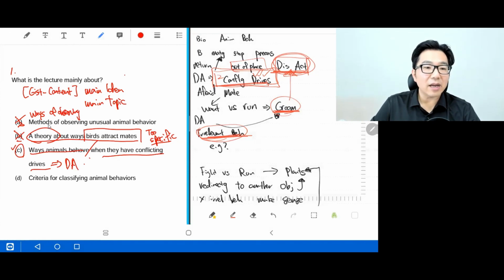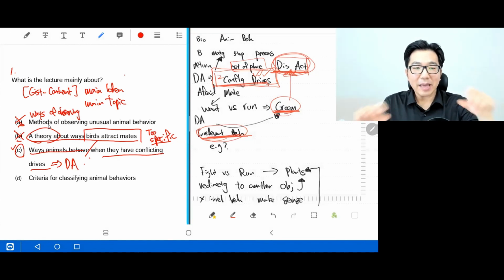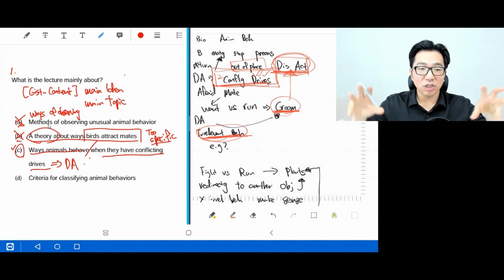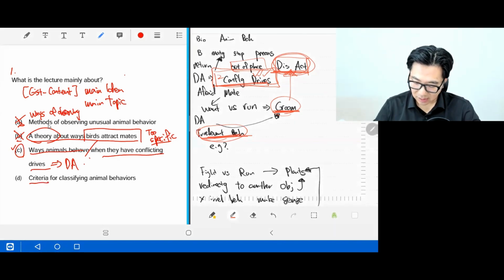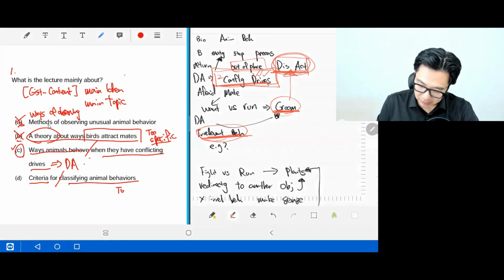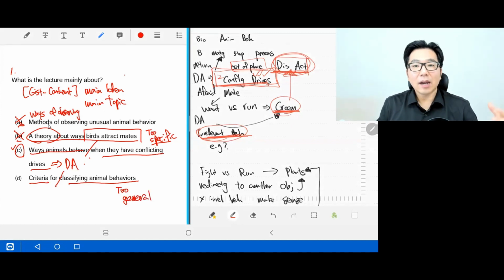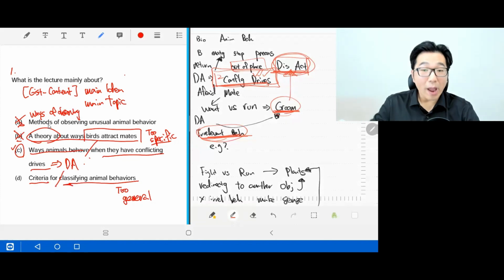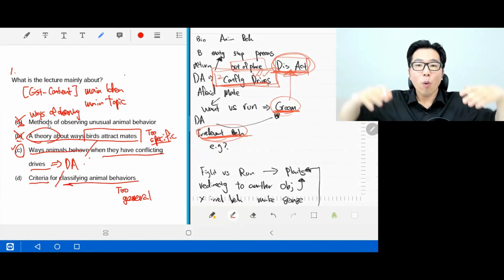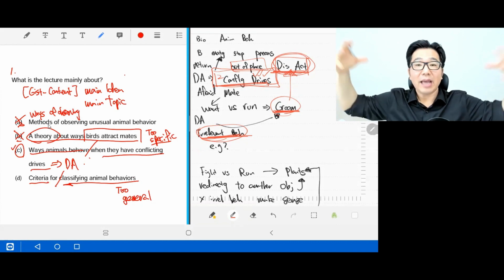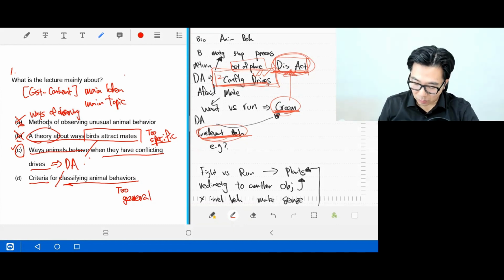Okay, D, criteria. So like a standard, a measurement of deciding or judging standards for classifying animal behavior. It's way too general. It's a little bit opposite to B in some way. The answer we're looking for is displacement activities, but this is not only wrong, it's way too broad and general compared to what we're looking for.